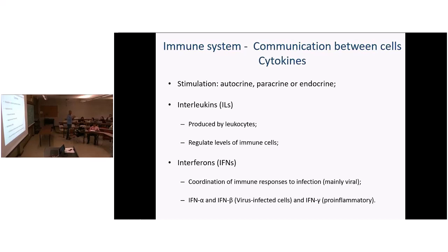The second one is by releasing these molecules. Most of them are produced by those cells in the innate or the adaptive. So neutrophils, basophils, eosinophils, but T cells and B cells, they also produce those.